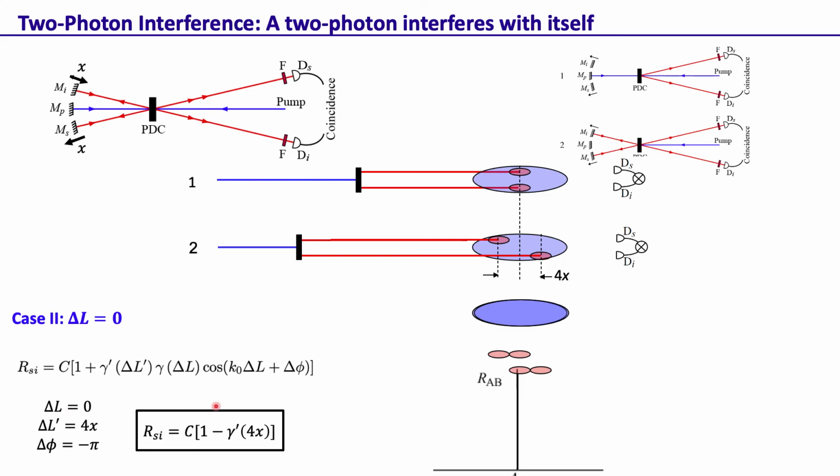So since delta L is 0, the overlap of the bigger coherence packets remains intact. The overlap of the smaller coherence packets will change, and as a result the interference will take place. So if we change this x now, that means move the signal and idler mirrors by the same amount in opposite directions, then we are keeping delta L fixed at 0 and we change delta L prime.